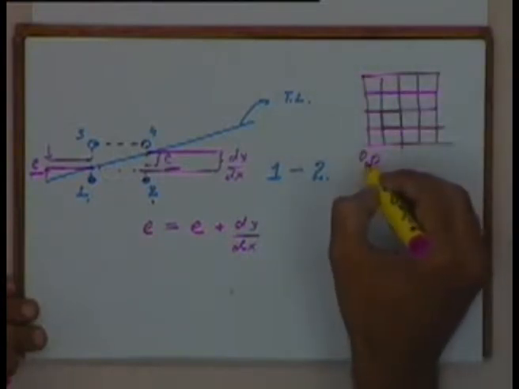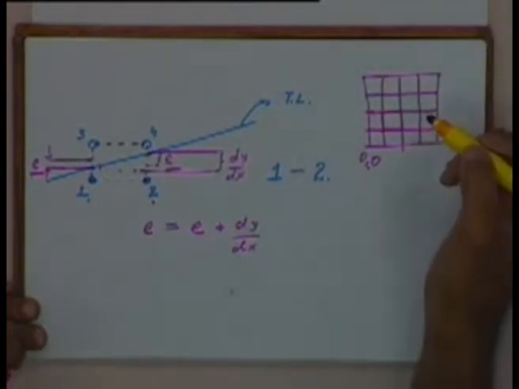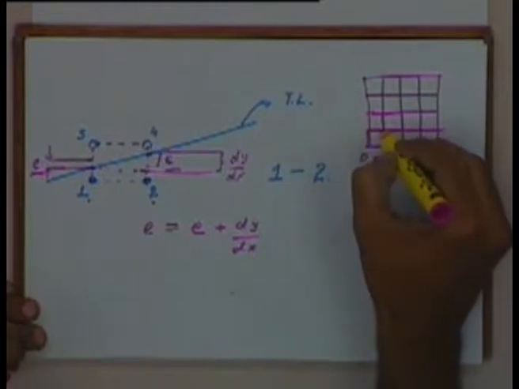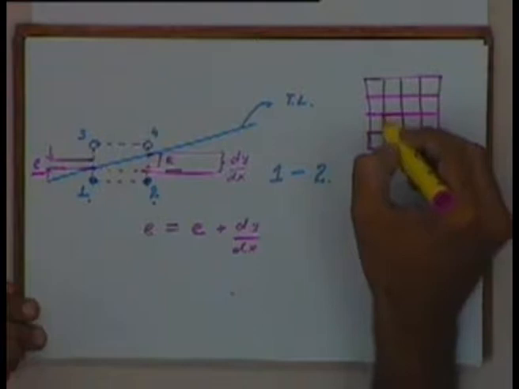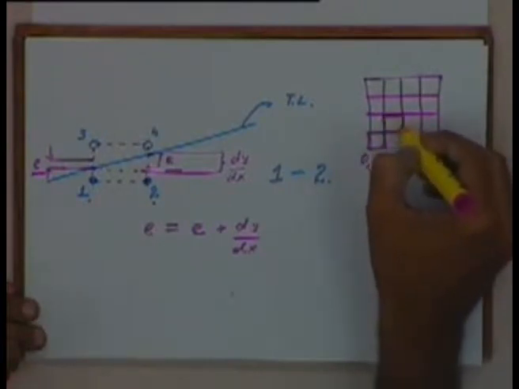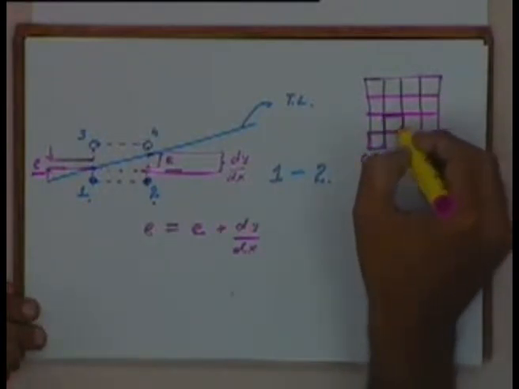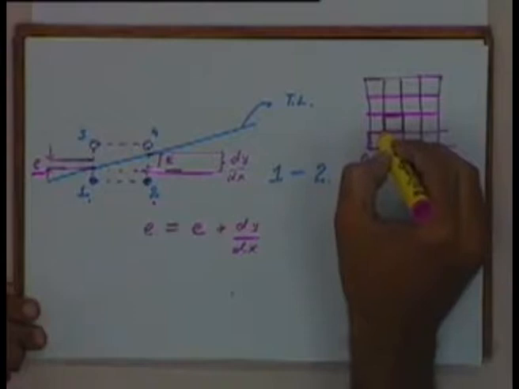So if this is my origin, when I refer to pixel 0 0, I am actually referring to this pixel, and referring to pixel 1 1, I am referring to the pixel which is this one. So we are actually referring to a pixel as a square entity, and we are addressing it by the corner. And the center is the center of the square.